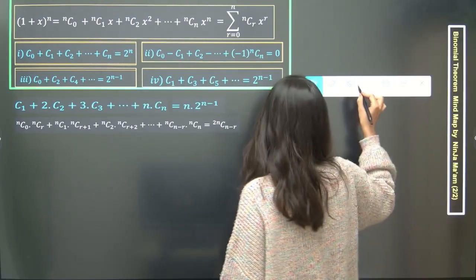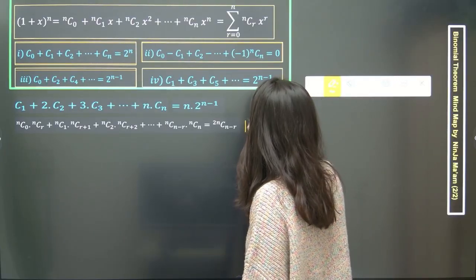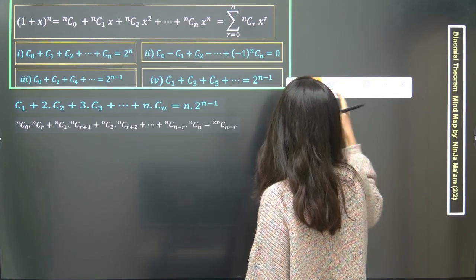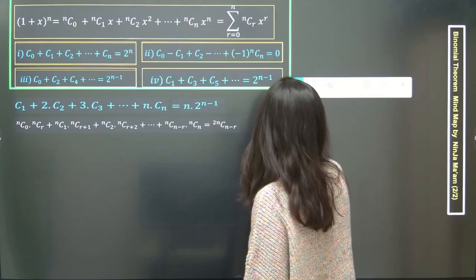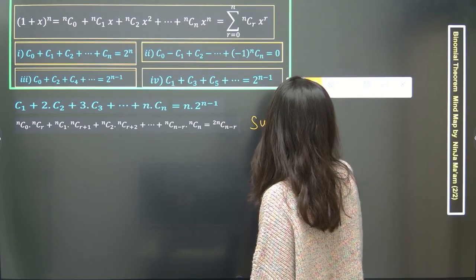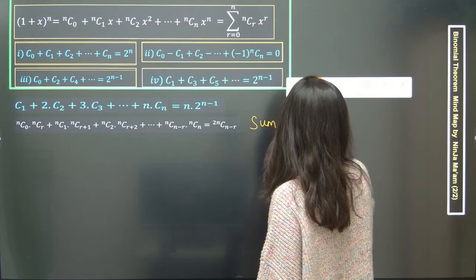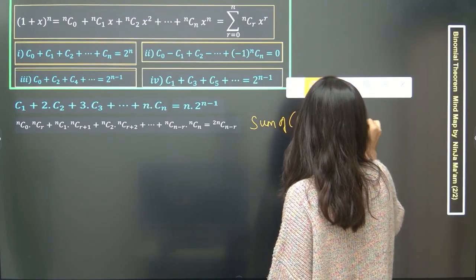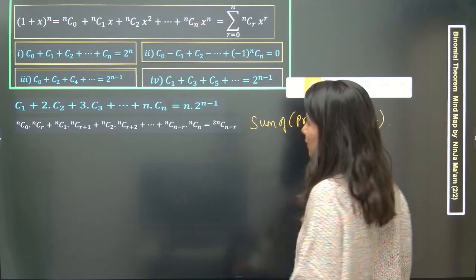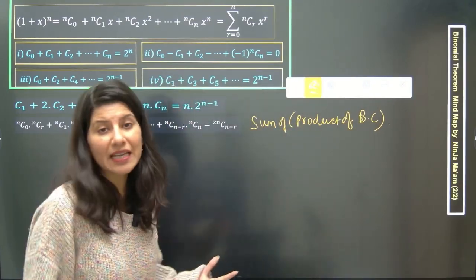This is something which I'm going to call as sum of product of binomial coefficients. What is this, ma'am? Please make us understand.